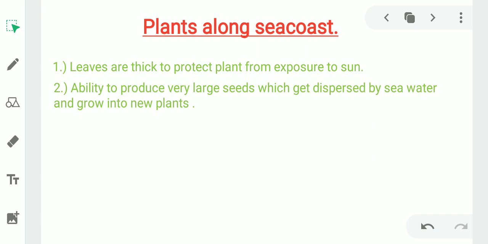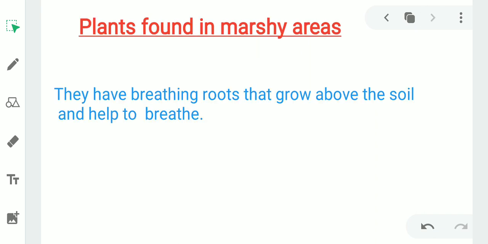Second, plants have the ability to produce very large seeds which get dispersed by seawater and grow into new plants. For example, coconut, it grows in seacoast. So, fruits are large, seeds are large in case of coconut. These flow with seawater and grow into new plants.